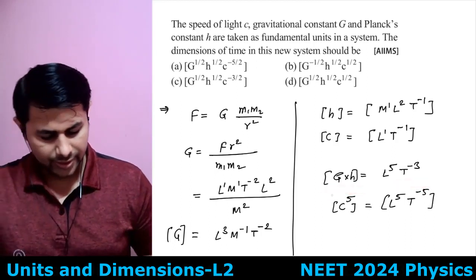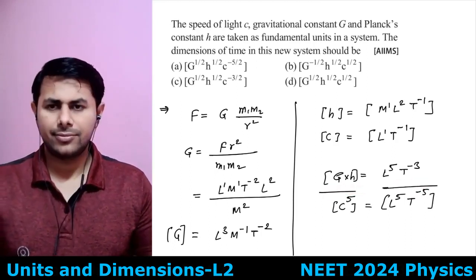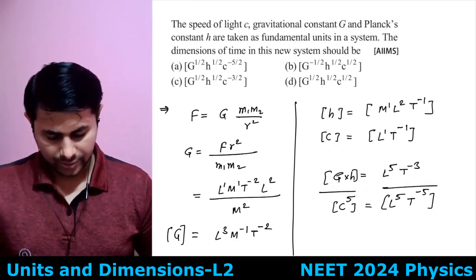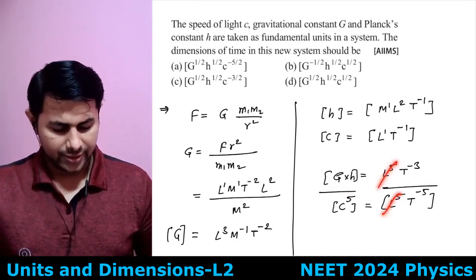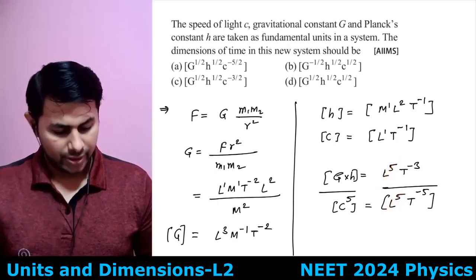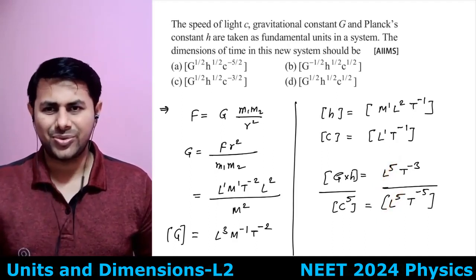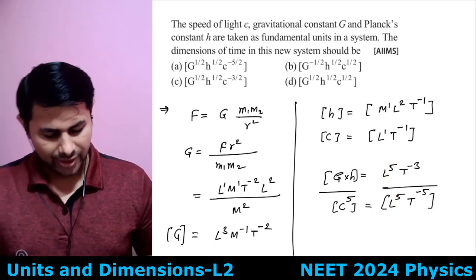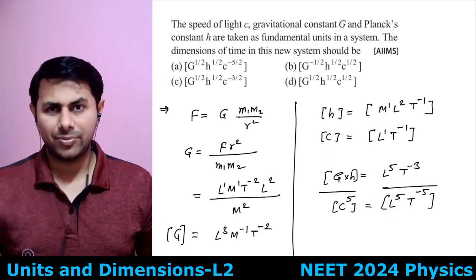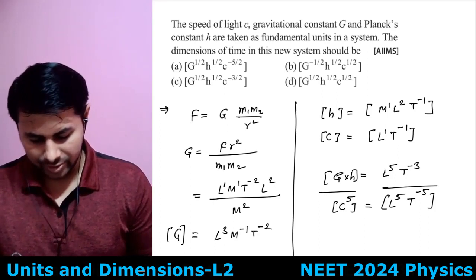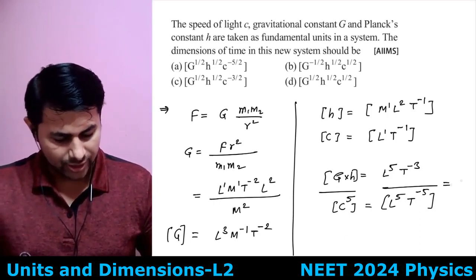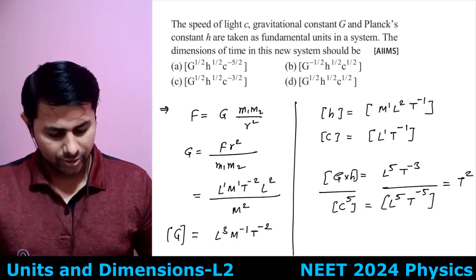What do I get? GH by C to the power 5 is equal to, T power minus 3 minus minus 5, not minus 2, it will be plus 2. T square. So T square, and then I will take the square root of that. Okay, so my answer should be this thing. If I take the square root of that, so this is T square, and I take the square root of this now.